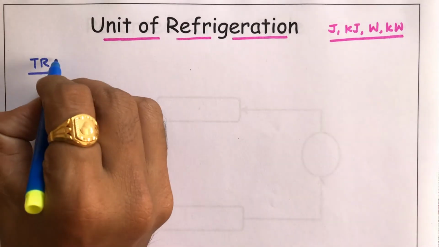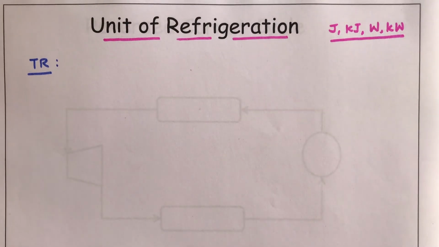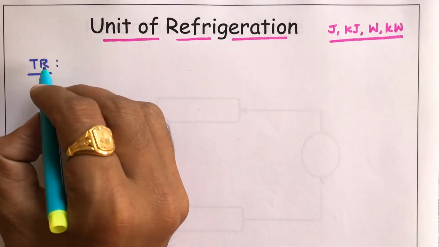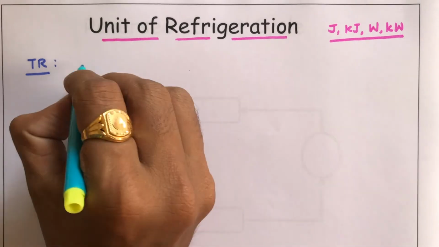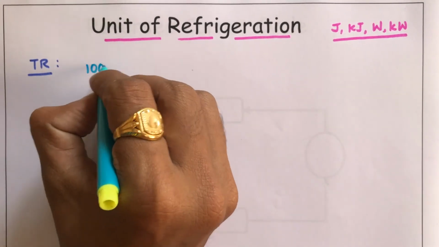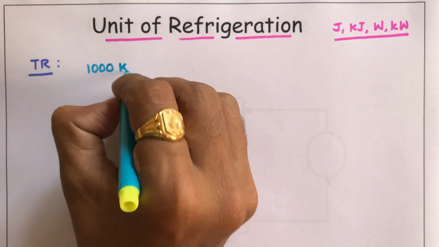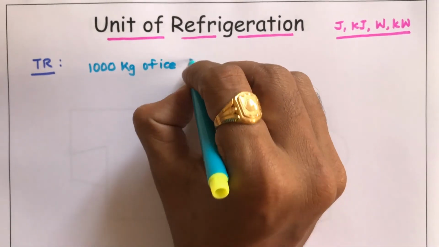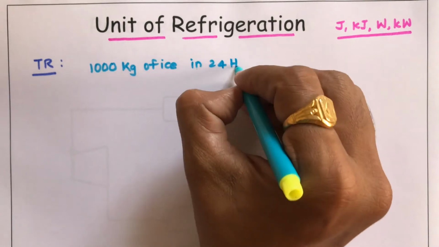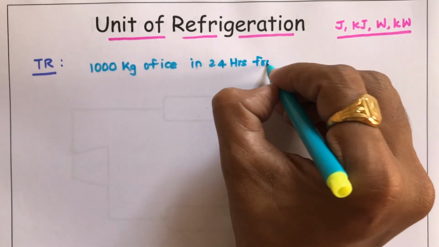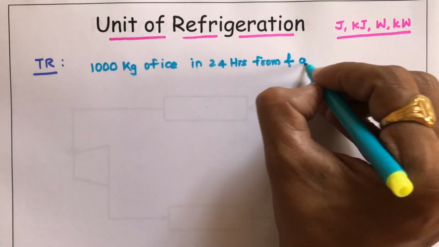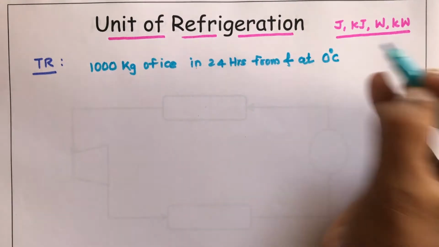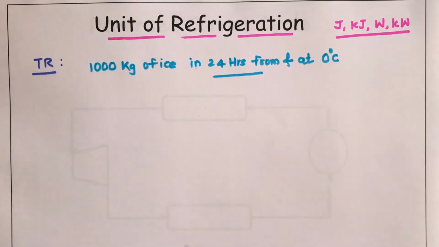Now, how can we define this unit of refrigeration, that is, ton of refrigeration? It is nothing but the refrigeration effect produced by uniform melting of 1000 kg of ice in 24 hours from and at 0 degrees Celsius. I will repeat once again.